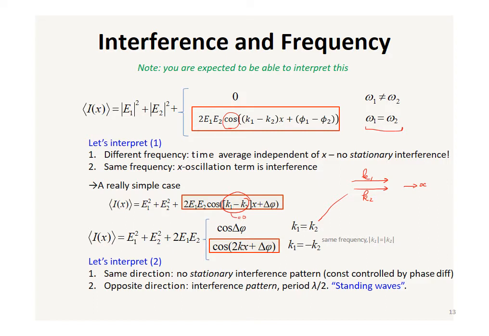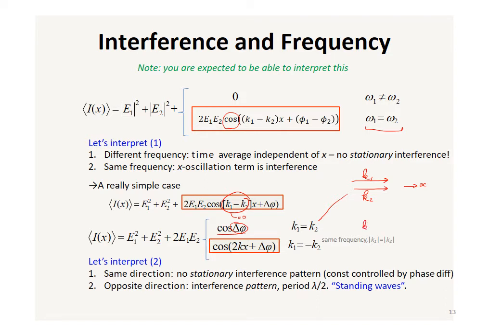And what we're left with is cosine of the difference in the phase constants. So there's no pattern, as it were. You can tweak these phase constants if you want, but what you will just see is that your whole field will either be bright, or it will be dark, or it will be intermediate in intensity.